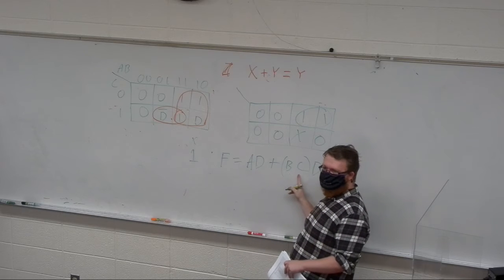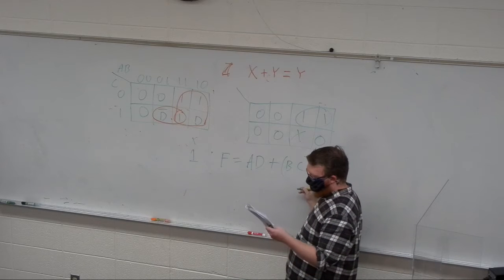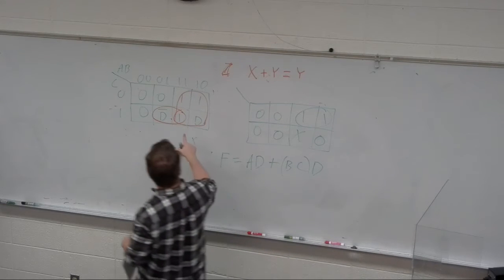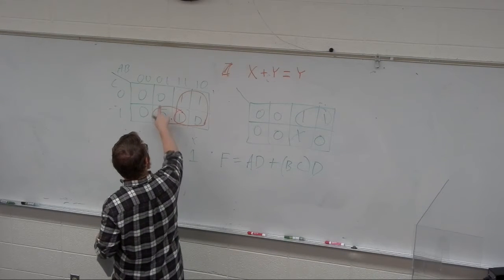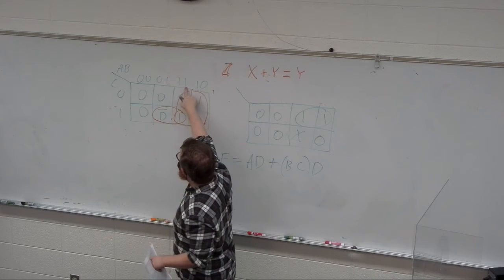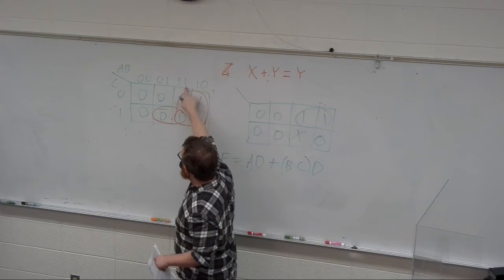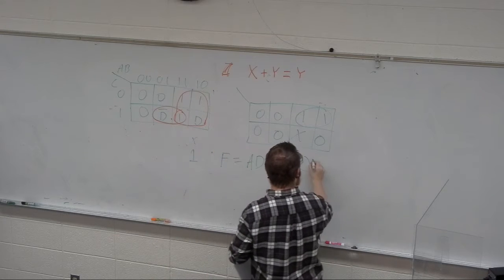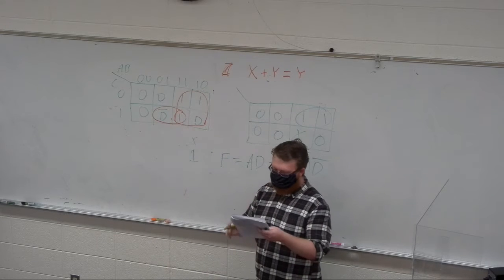B and C, D. And then, is it A naught? B. But it would be D naught because the one circle is a D naught. Oh, D naught. Sorry, I thought you were saying B naught. Nope. Apologies, my bad.